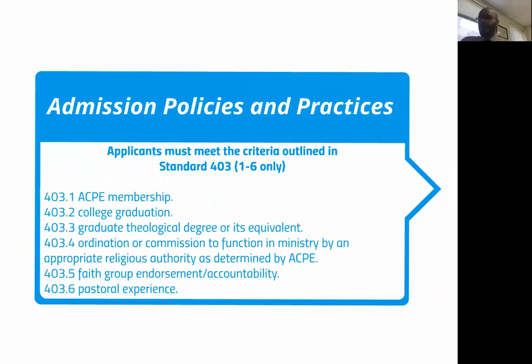So policies and practices. This will be familiar to you. Applicants must meet the criteria outlined in Standard 403, 1 through 6 only. The one that we took out, number 7, I believe, was having at least 1 unit of supervisory CPE.